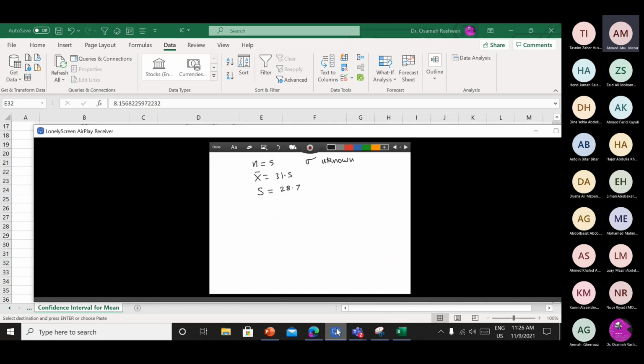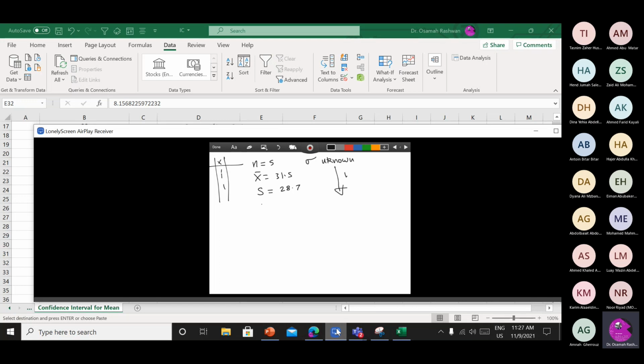Okay. Now, by hand, you have the data here. With n, you have the mean and the standard deviation, right? So you have to find what?